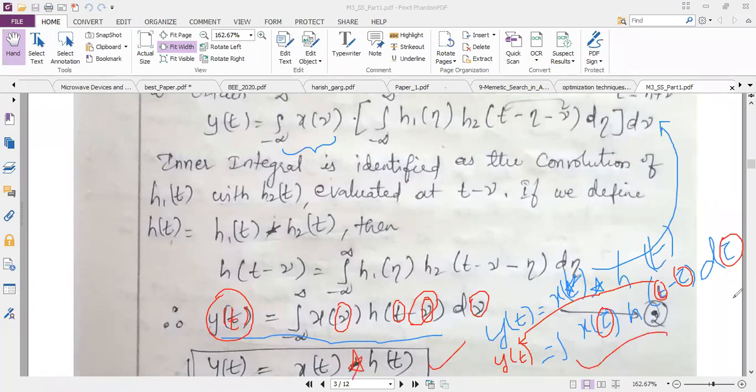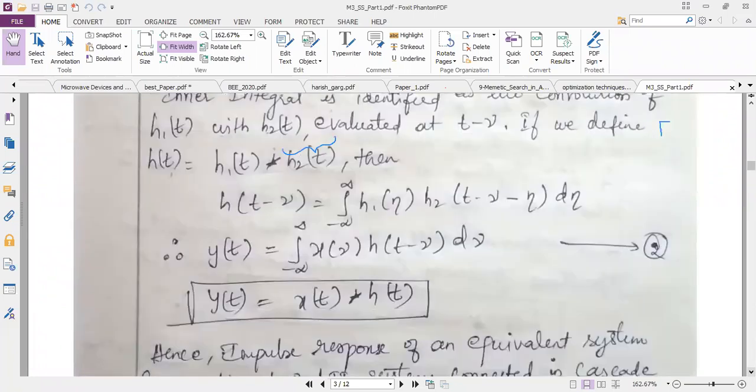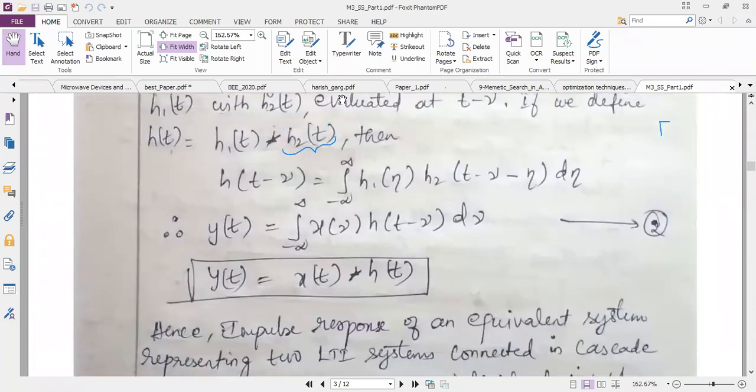In the same way, this equation I can write as y of t is equal to x of t convolution with h of t. Do you have any doubts in this? No, ma'am. Instead of tau here, it is mu. That's it. So with all these steps, what I tried to get here is y of t is x of t convolution with h of t.